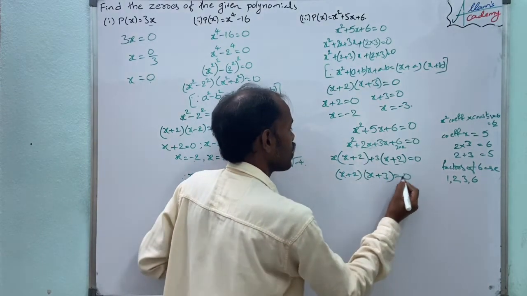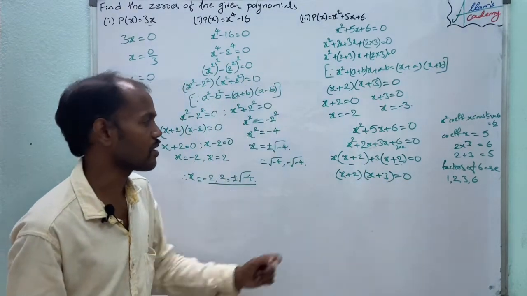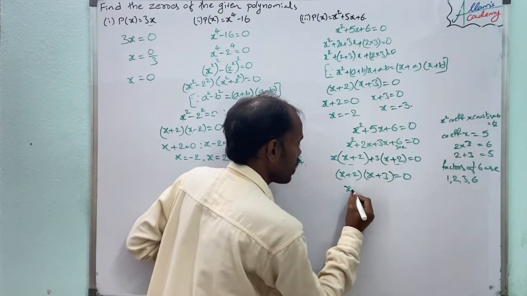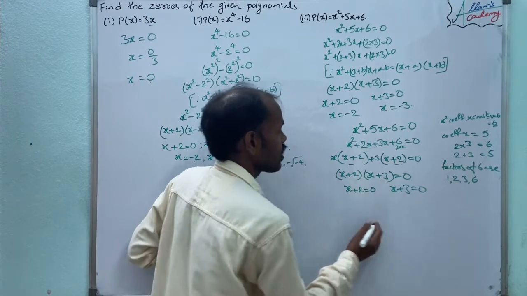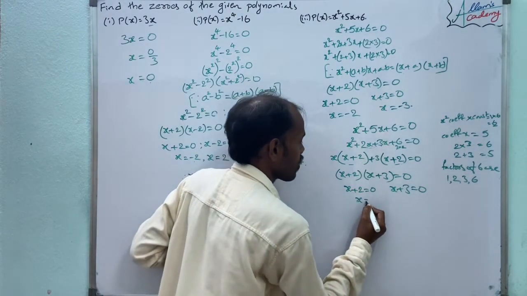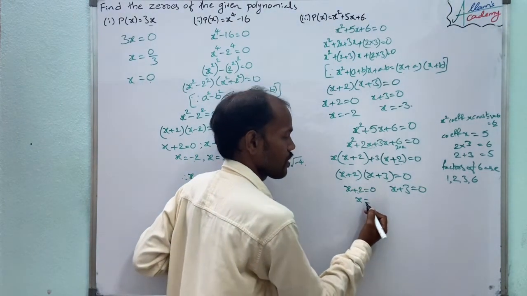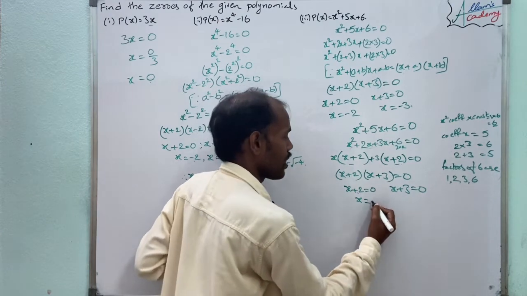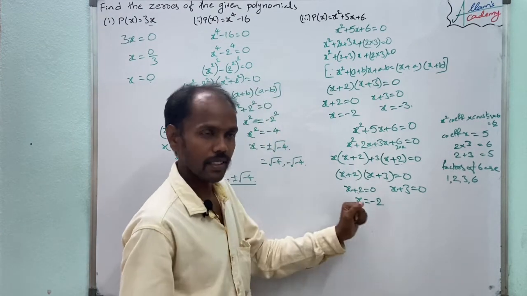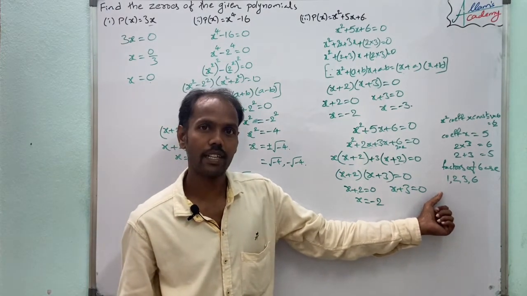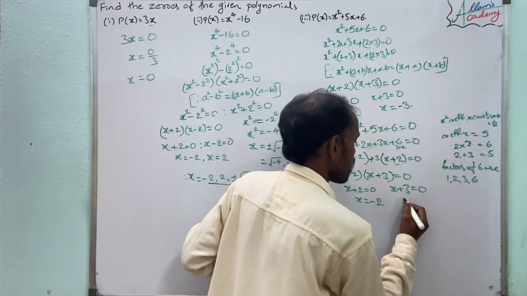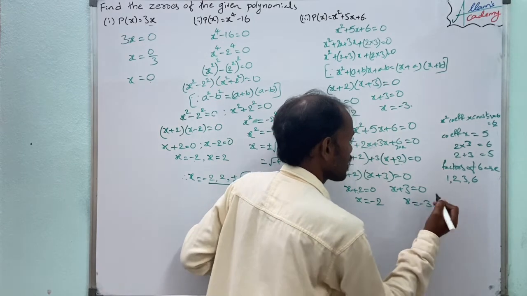So x plus 2 into x plus 3 equal to 0, that means either x plus 2 equal to 0, otherwise x plus 3 equal to 0. If x plus 2 equal to 0, then x equals minus 2. Similarly, plus 3 transferred to that side becomes minus 3, so 0 minus 3 means minus 3.